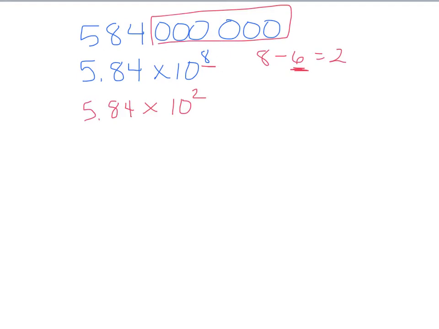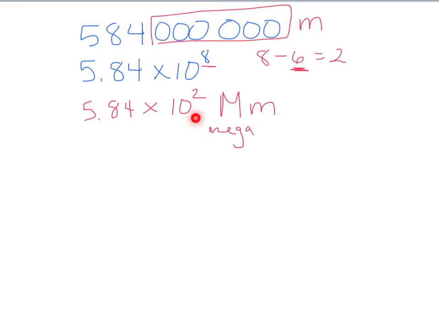So for positive 6, we get the prefix mega, which is capital M. You need to know how to say it. And then if, say, we're talking about a distance, maybe we're talking about meters, I'm going to add meters here. Okay. So you should be able to recognize the prefix next to the unit so that you can see them together and know that this means millions of meters.